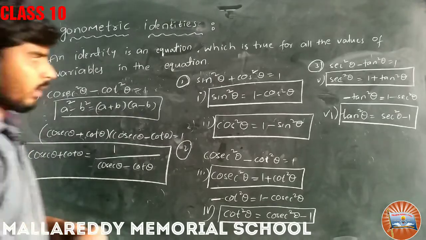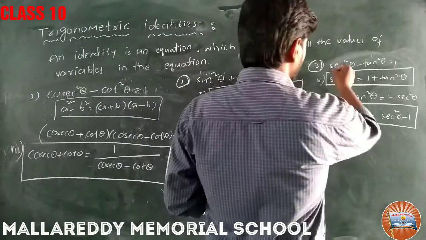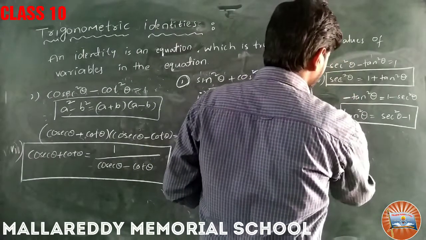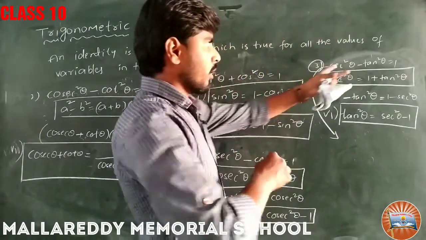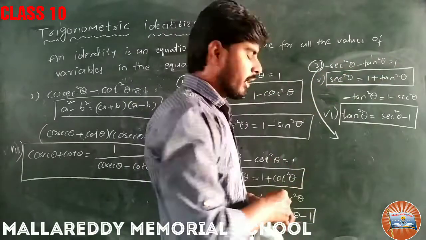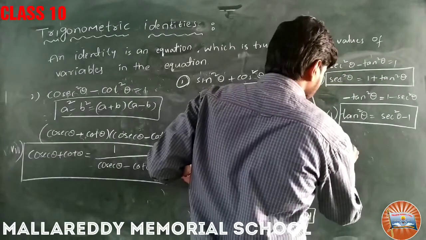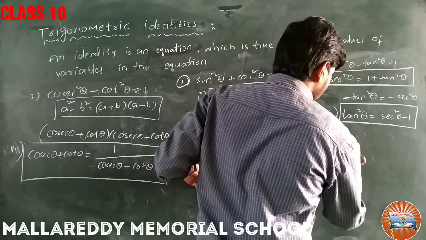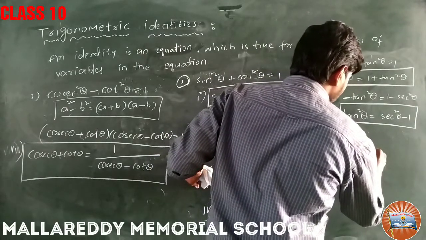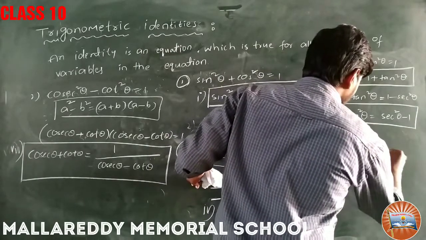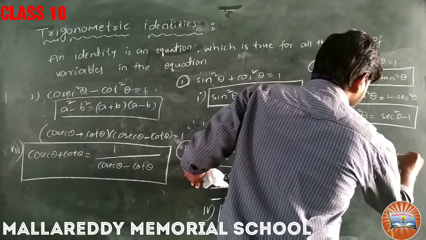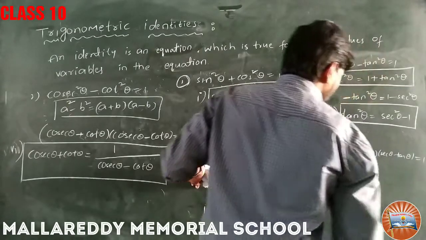Next, similarly, we get for secant square theta minus tan square theta, which is also in the form of a square minus b square. We can write this as secant theta plus tan theta, secant theta minus tan theta equals 1.